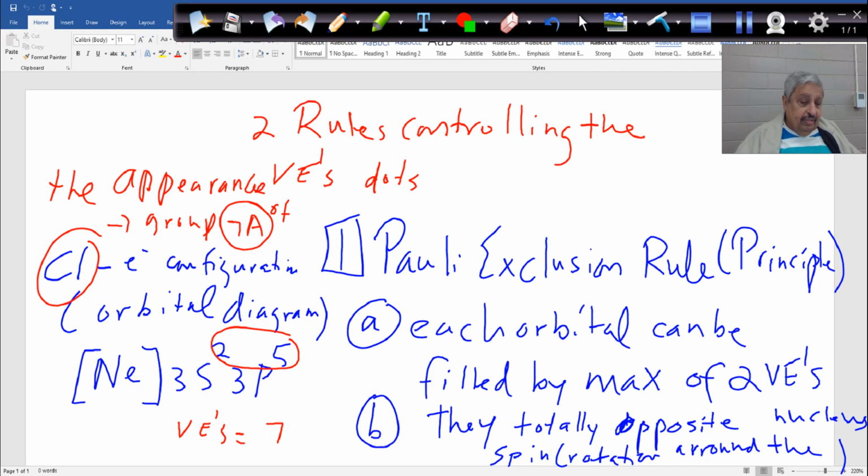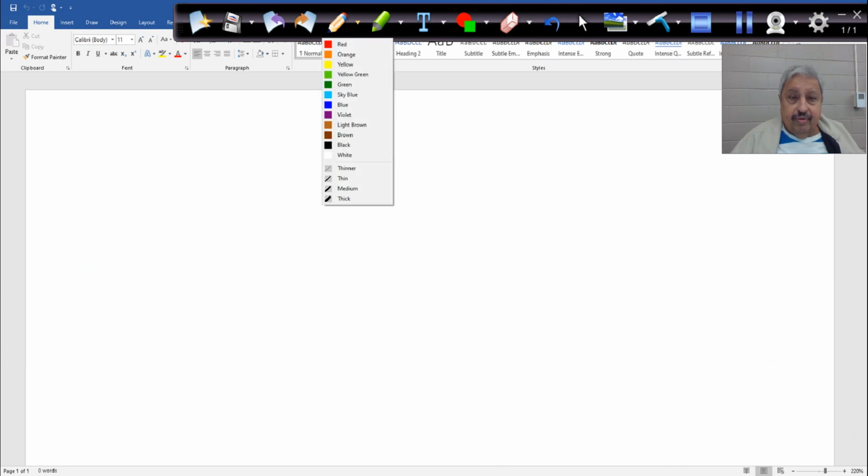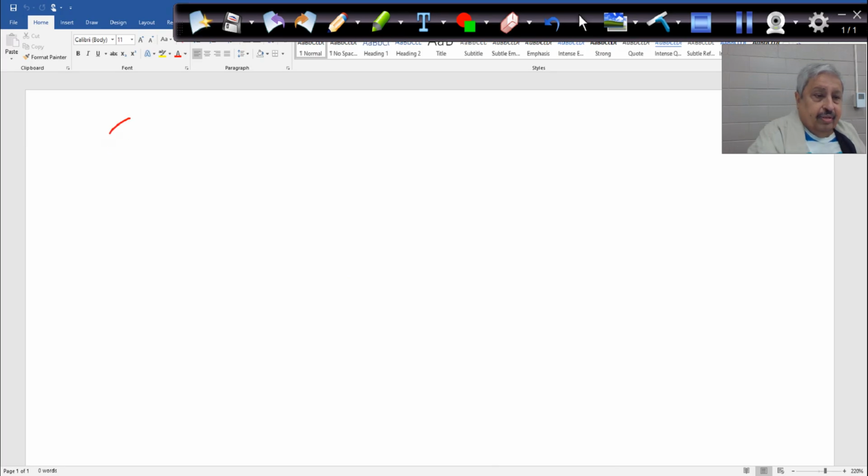Now, if I look at this chlorine electron configuration and put it there, you will see that each of those has to be occupied with one dot or one arrow. So can I take this one out? Everybody has it? Okay, let's take it out. So if I put the electron configuration of chlorine, this is the orbital diagram.